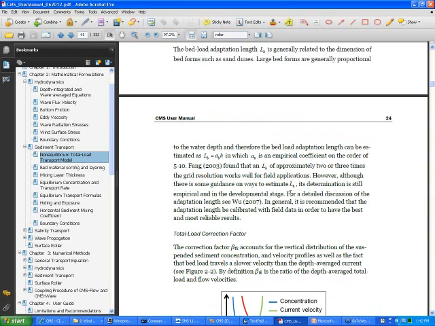But if you have a project in a place like Galveston Bay or Grace Harbor or Chesapeake Bay, really large areas where your grid size is going to be 30, 40, 50 meters, your adaptation length is smaller than your grid size, and therefore changes in your adaptation length are not going to affect your results that much, because basically what happens in the model is that your sediment reaches equilibrium from one cell to the other. If that makes sense.